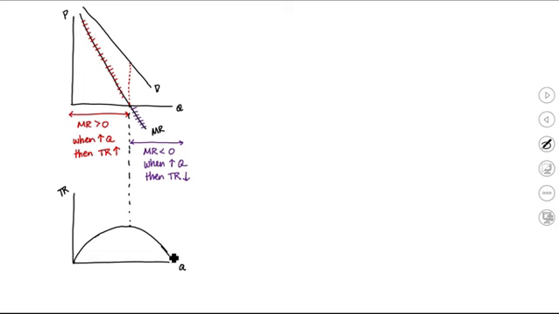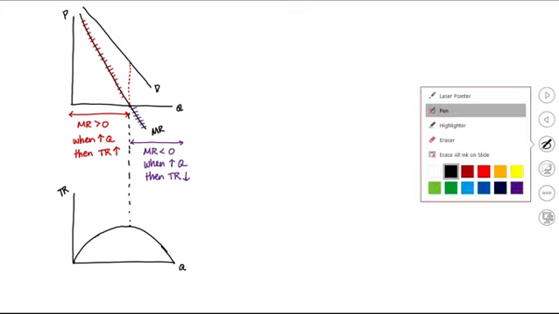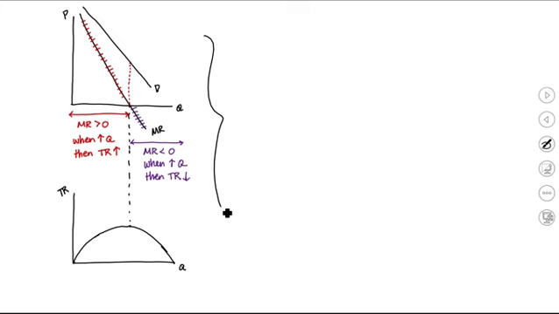So it's clear here, guys, that the monopolist obviously wants to operate on the left side of the graph, right?